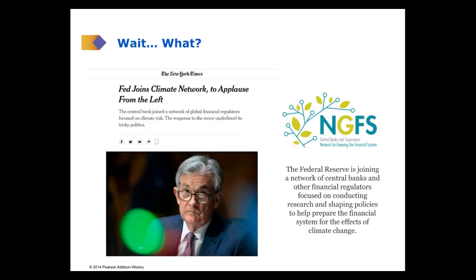So this is problematic. And if they weren't busy enough, the Fed announced earlier this year that they were joining the NGFS. This is a group of central banks that are worried about climate change and trying to prepare the banking system for the effects of climate change.